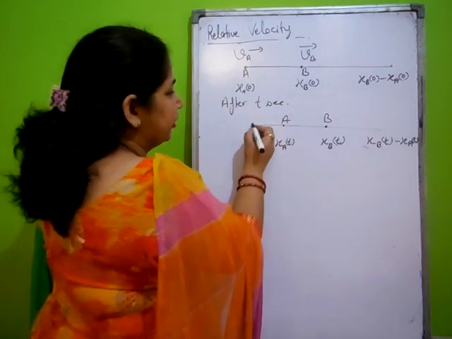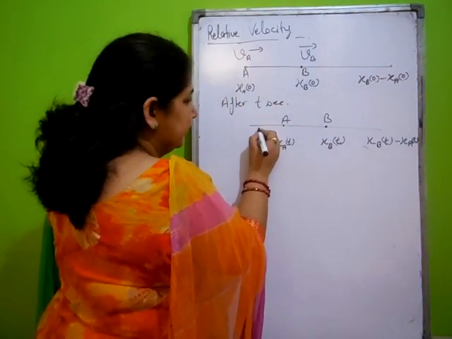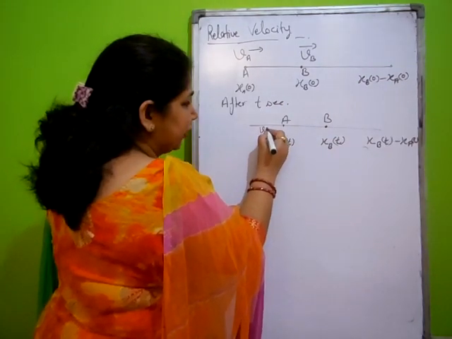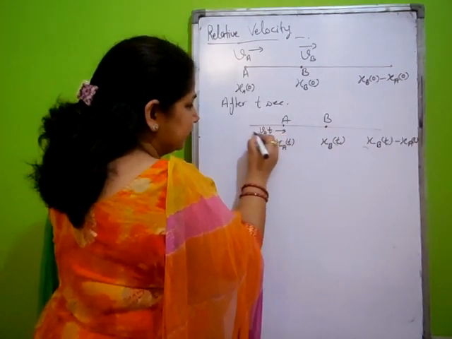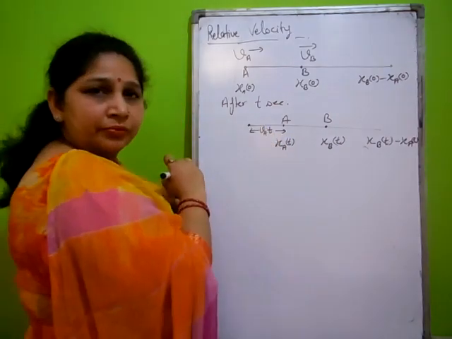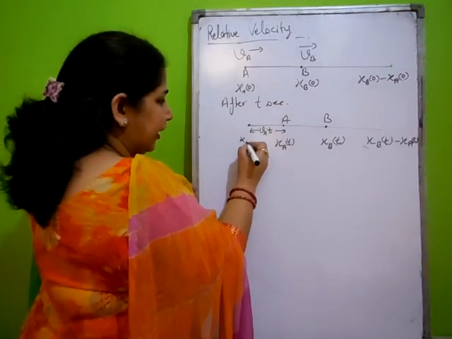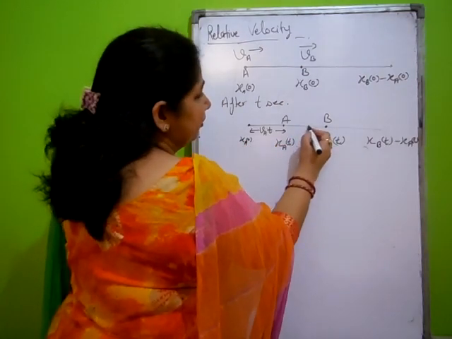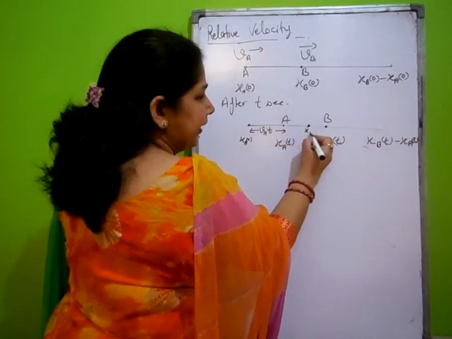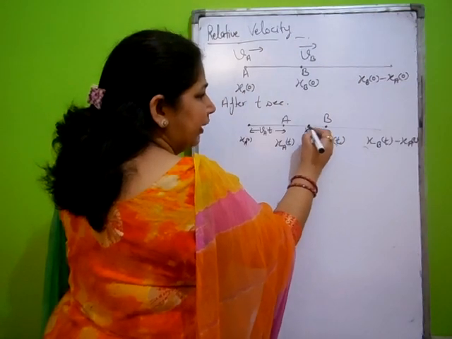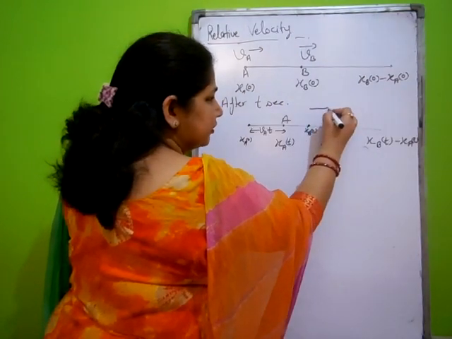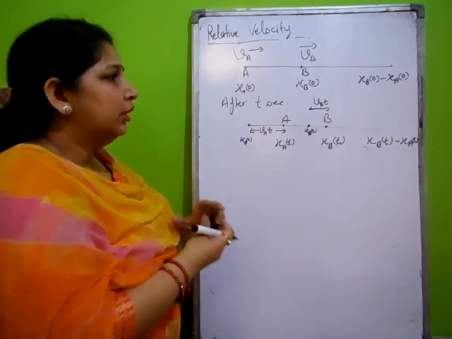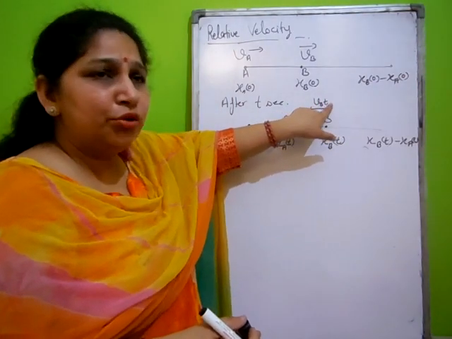And this distance is moved by the VA velocity, VA into t. This is the distance VA into t, and this is the position XA0. And this is the position, suppose XB0, and it is moved with this. What is the distance? This VBt. Distance is equal to velocity into time.